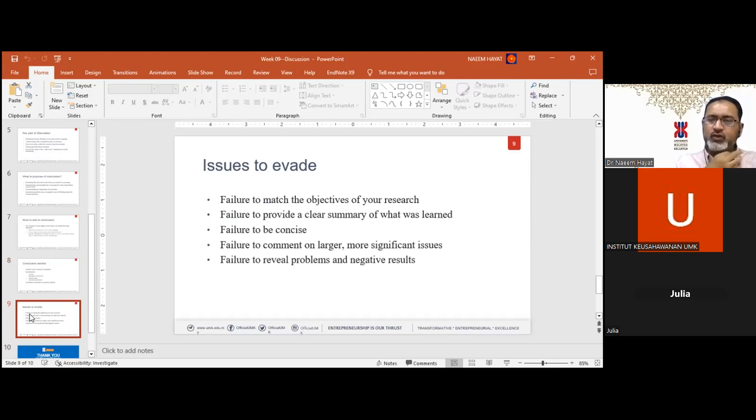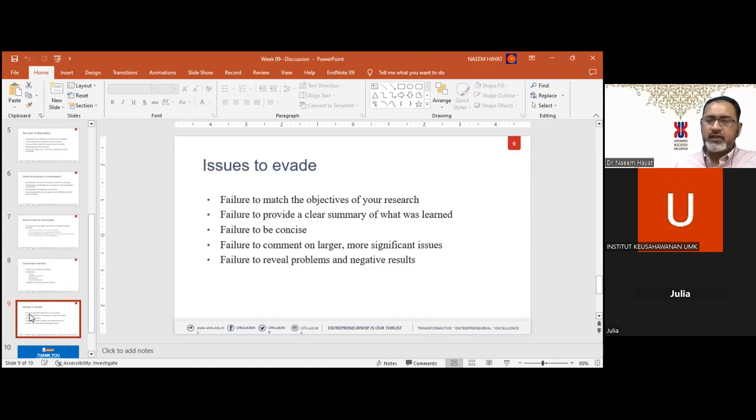We must match our research objective with the research finding. The conclusion section must talk about the research objective and the research finding, and how they are matched. If they are not matched, it means the study is not designed in the right way.